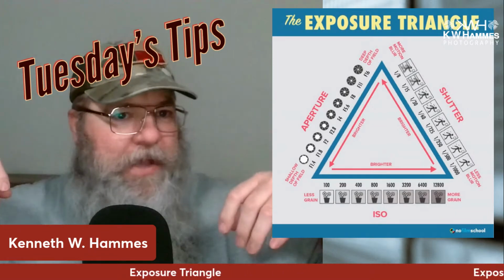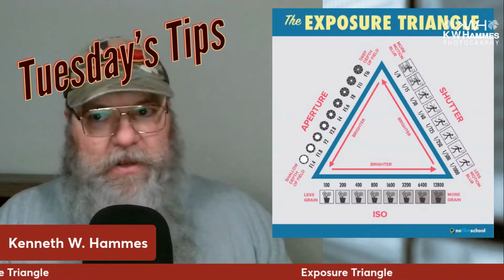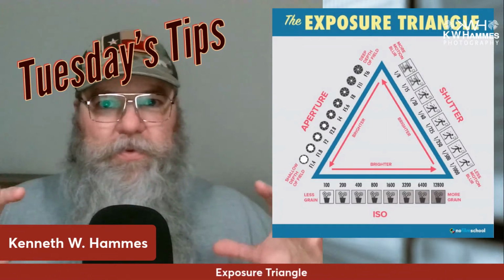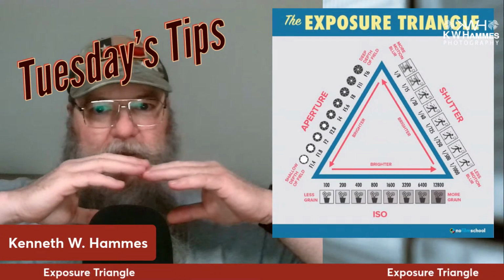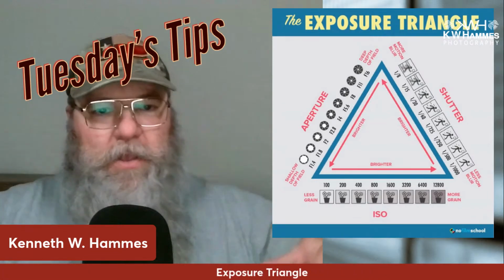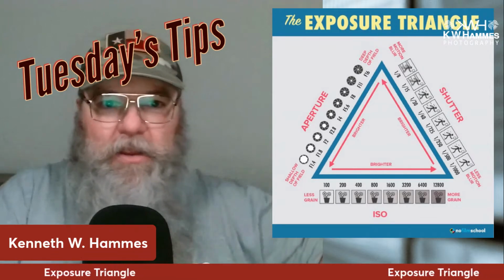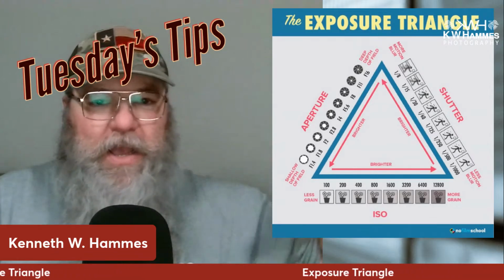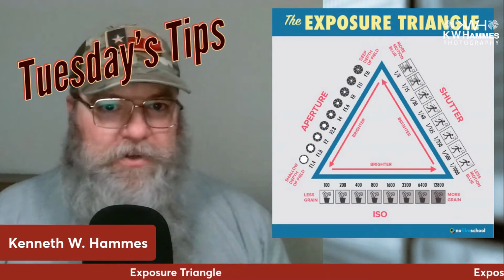If you want some kind of blur showing the motion, then you're going to want a slower shutter speed. You've seen a lot of those nice shots of a creek or a stream or a river, especially going over rocks. The water looks really creamy and kind of dreamy. Well, that's done using a slower shutter speed.